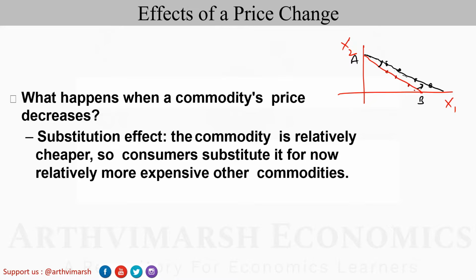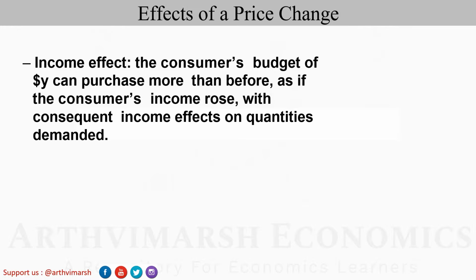What happens as a process is that there is a substitution effect. Now the commodity, X1, is relatively cheaper, so consumers can substitute it for relatively more expensive commodities, right? And the income effect can be understood from this simple X1, X2 plane: what happens when the income of a consumer changes.